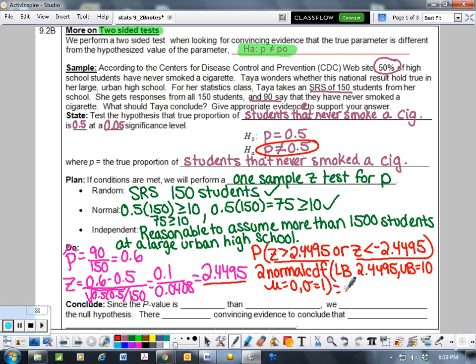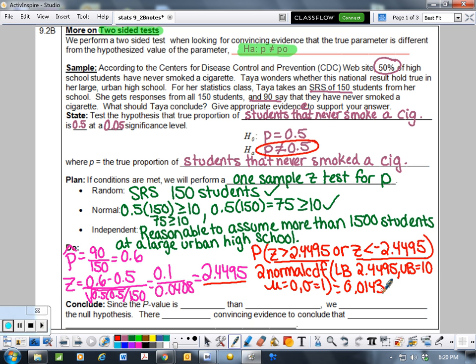And that's going to give us normal CDF of 2.4495, and then I multiply by 2. So now we have 0.0143.